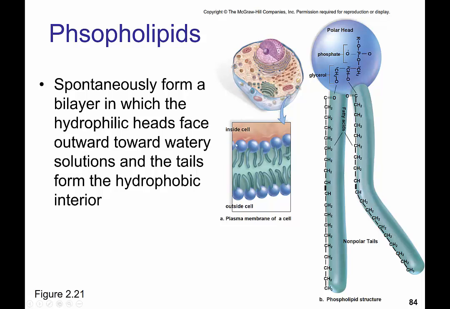So that's why these polar heads, or phosphate groups, are going to be oriented toward the inside and outside of the cell, whereas these fatty acid tails are nonpolar, or hydrophobic, and are going to face towards one another, forming a hydrophobic interior layer of a plasma membrane.